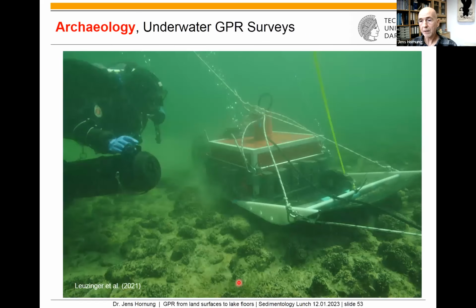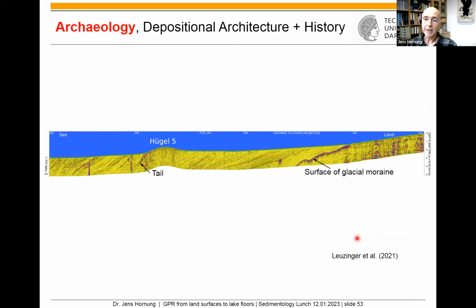And perfect for underwater GPR survey here on the hügeli. You see these boulders, and this is the result. So we found the glacial moraine at the land side, 150 or 50 meters away from the land. So the glacial moraine is submerging here and dipping down here, continues down there.